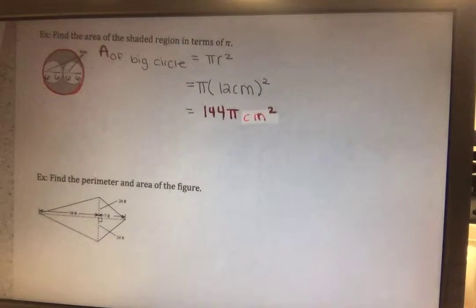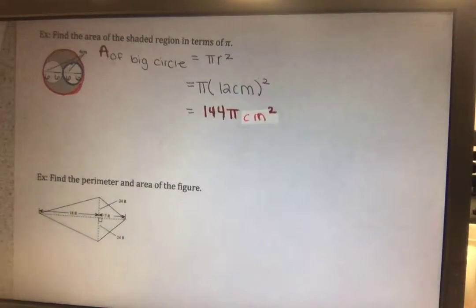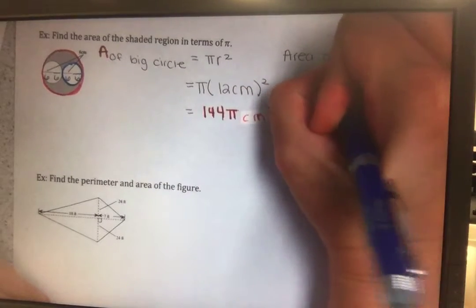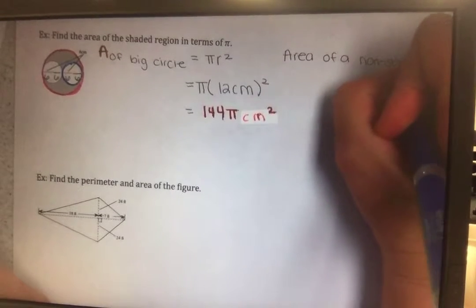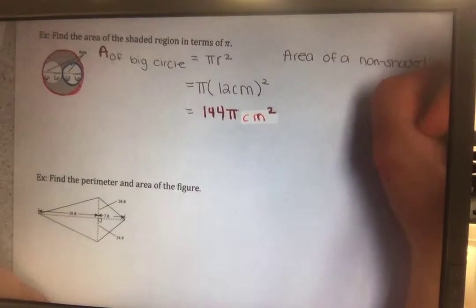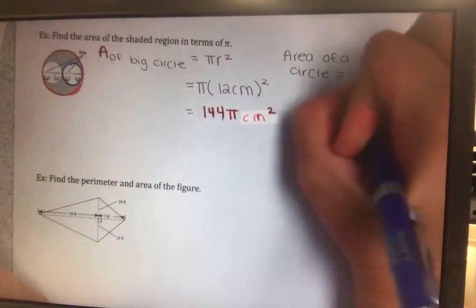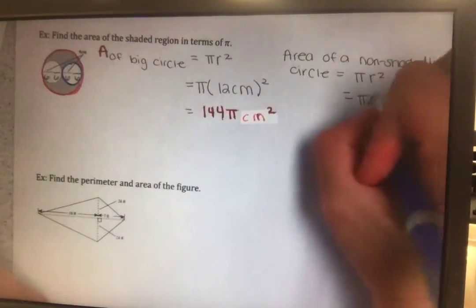Okay, so now I need to find the area of the white circles in the middle that are not shaded in. So the area of these circles. So the area of a non-shaded little circle. Again, the area of a circle is pi r squared. This radius is going to be 6 centimeters.